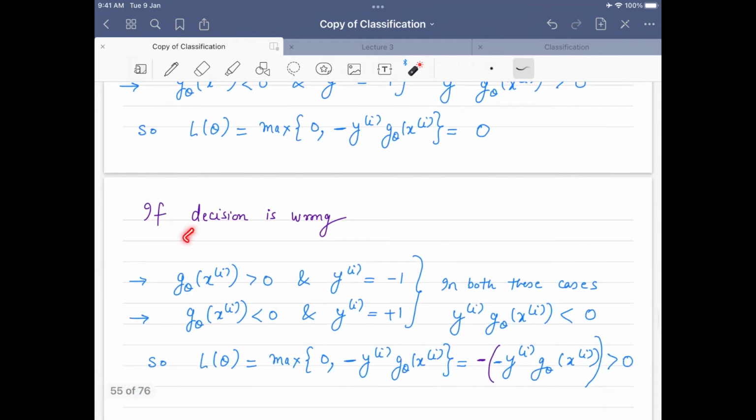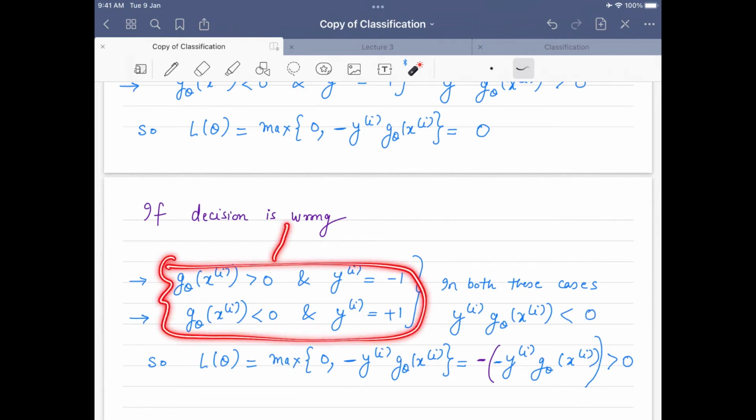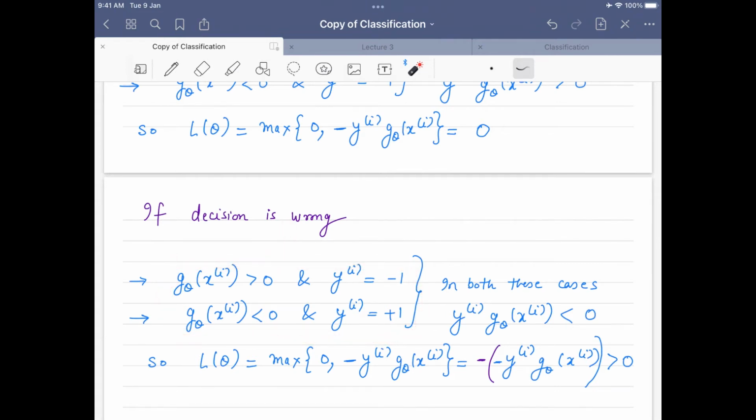If the decision is wrong, it means your machine is giving a value greater than 0 and your label is -1, so these two are different. Or your machine is giving a value less than 0 and your label is +1. In this situation, your decision is wrong. If you multiply these two together, you get a value less than 0.